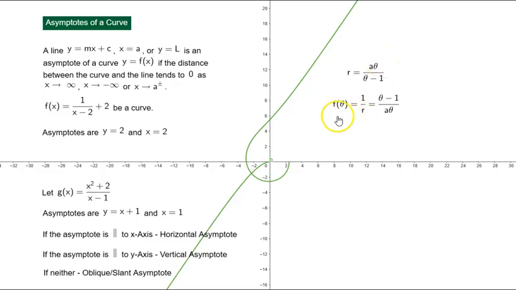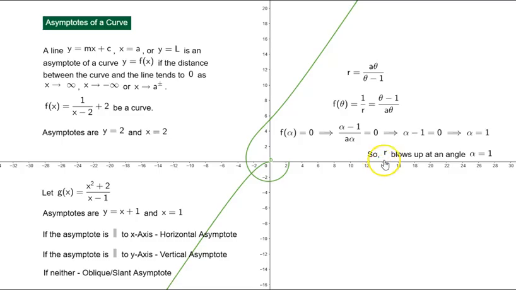Now this function would be 0 for some value of theta. So let's say that particular angle is alpha. So f alpha equal to 0 implies alpha minus 1 by a alpha is equal to 0, which implies alpha minus 1 equal to 0, which implies alpha equal to 1. So here, what do we have?